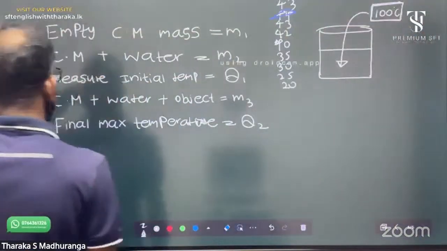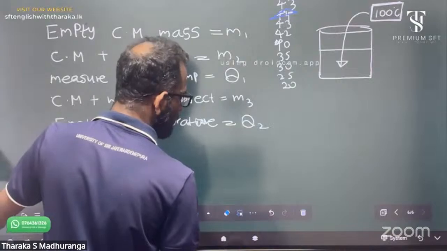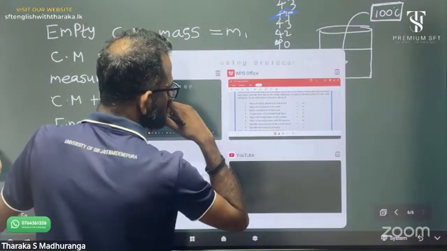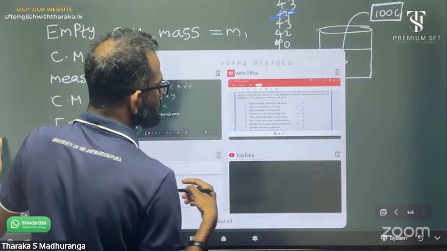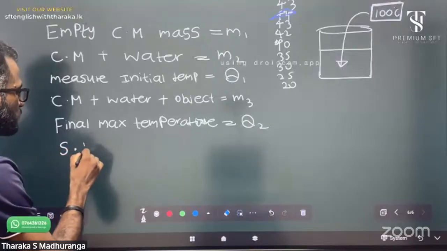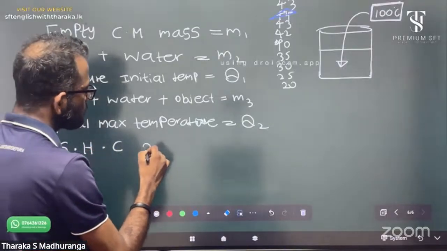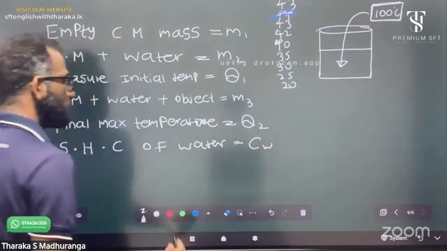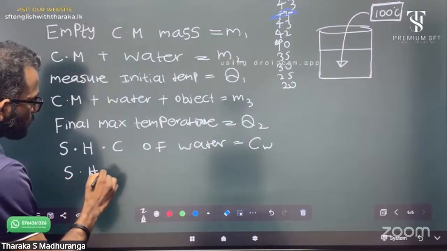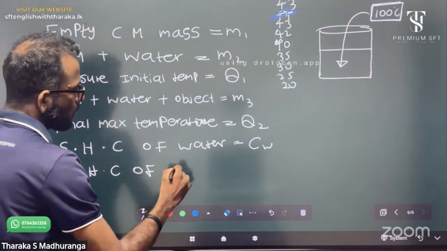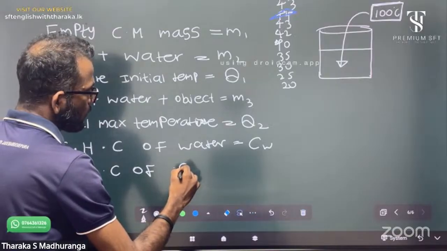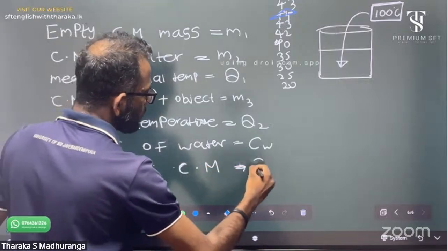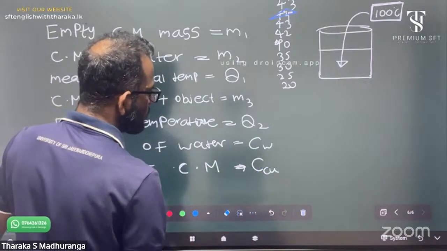The specific heat capacity of water is CW, capital CW. The specific heat capacity of the calorimeter is C copper, because a copper calorimeter was used.